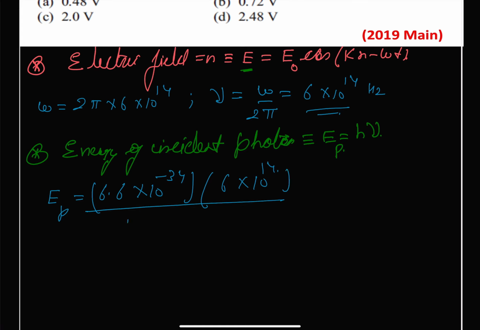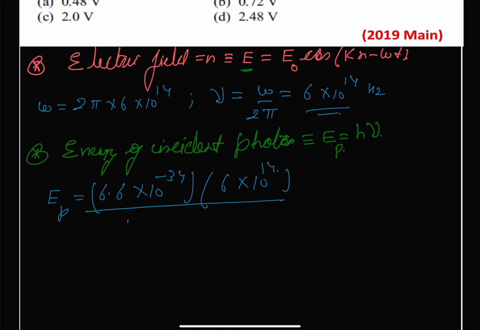Energy of photon is 2.48, and phi is 2, and we have to remember this is in electron volt and e. So e and e cancel out, and this gives us 0.48 volts. So option A is correct.